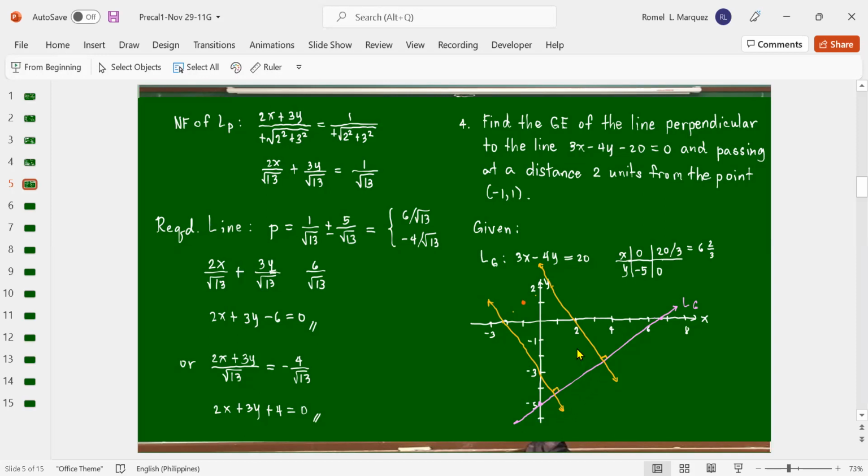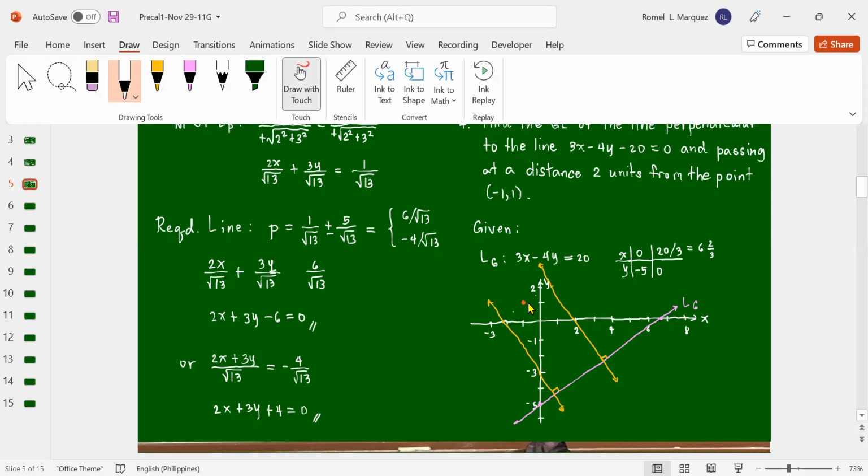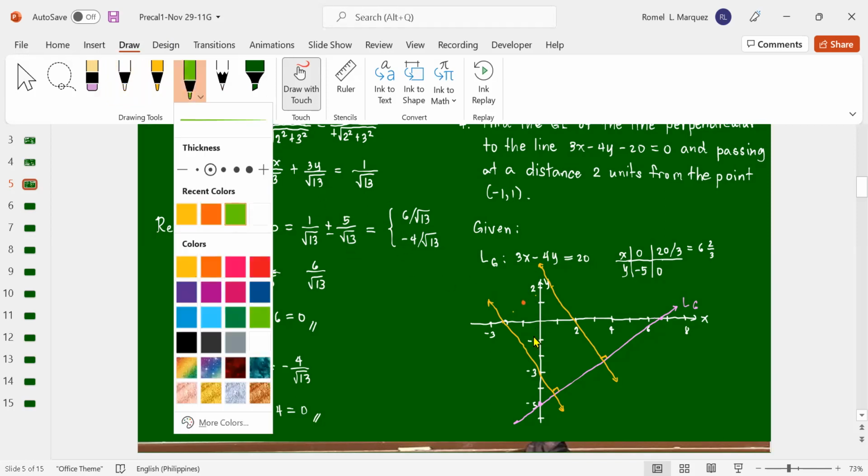They are both perpendicular to the given line and at a distance of 2 units from the orange point. So how far from this point?